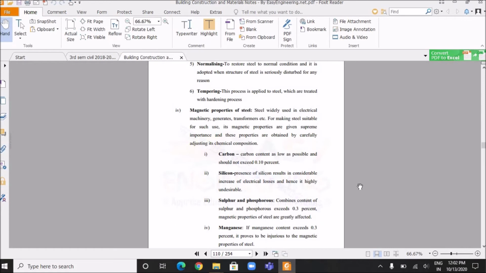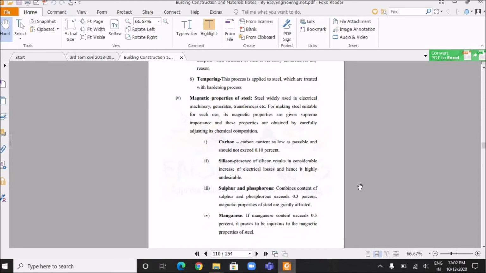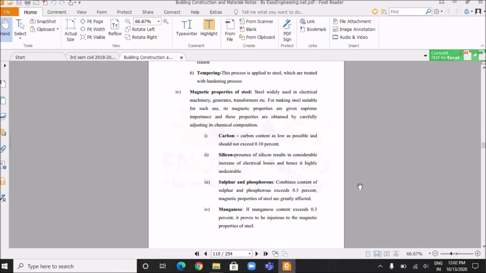Steel is widely used in electrical machinery, etc. For making steel suitable for such use, its magnetic properties are given supreme importance, and these properties are obtained by carefully adjusting its chemical composition. Carbon content should be as low as possible and should not exceed 0.1%.